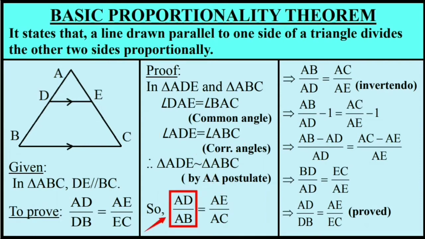And in these two triangles, the remaining angles, angle AED of triangle ADE and angle ACB of triangle ABC, are equal, and AD is the opposite side of angle E in triangle ADE, and AB is the opposite side of angle C in triangle ABC.